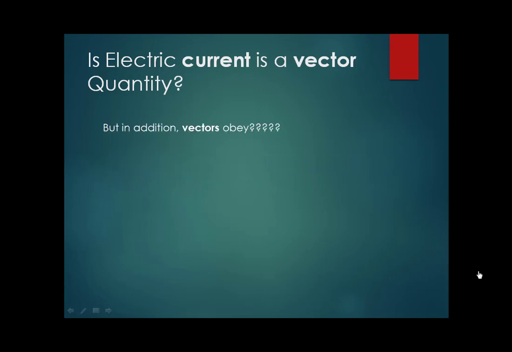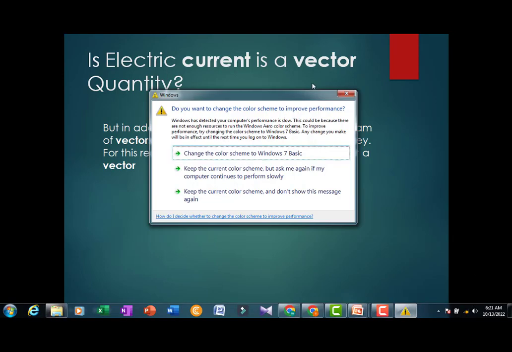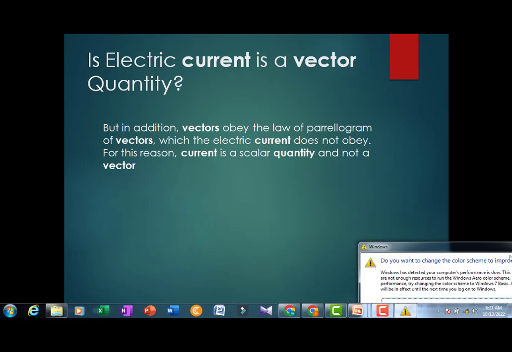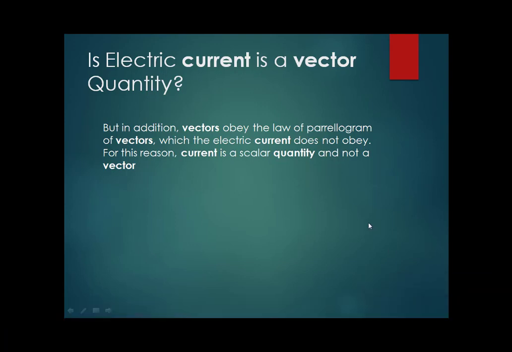We can then calculate by using vector addition, by using the law of parallelograms, in which the resultant vector tells us about the direction of current. But electric current does not obey this law, so for this reason current is a scalar quantity and not a vector quantity.